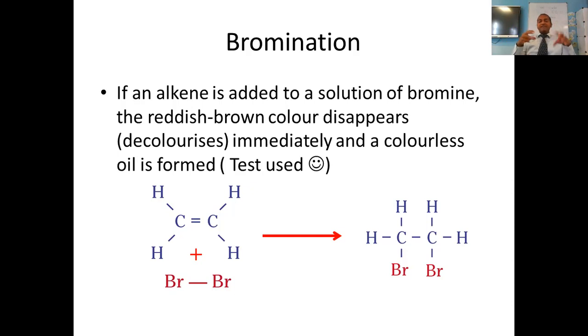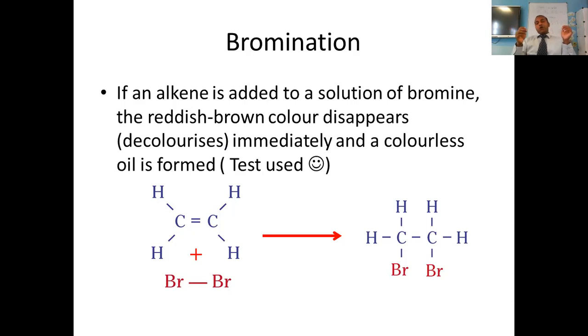So guys, this is a test that we use to differentiate alkane and alkene. Let's say you have a test tube of alkane and a test tube of alkene. Both of them are colorless. Neither has any specific smell. So how to detect which is alkene, which is alkane? This is a test that we use.